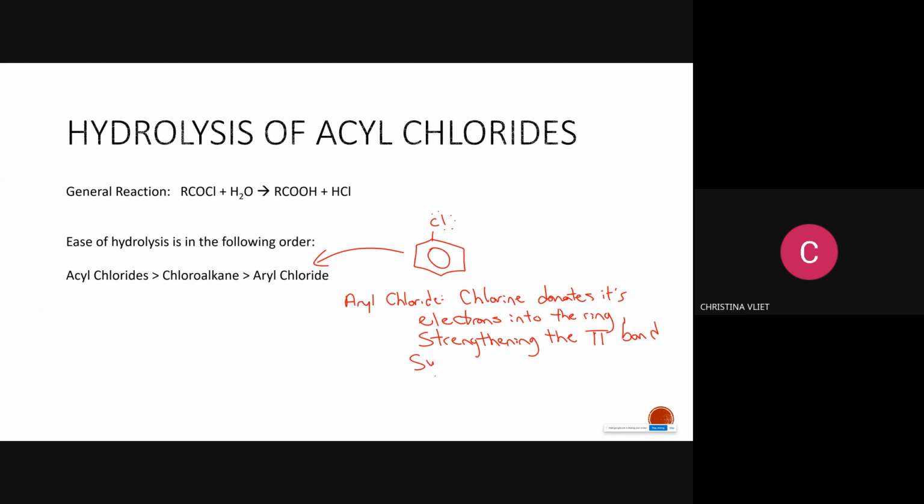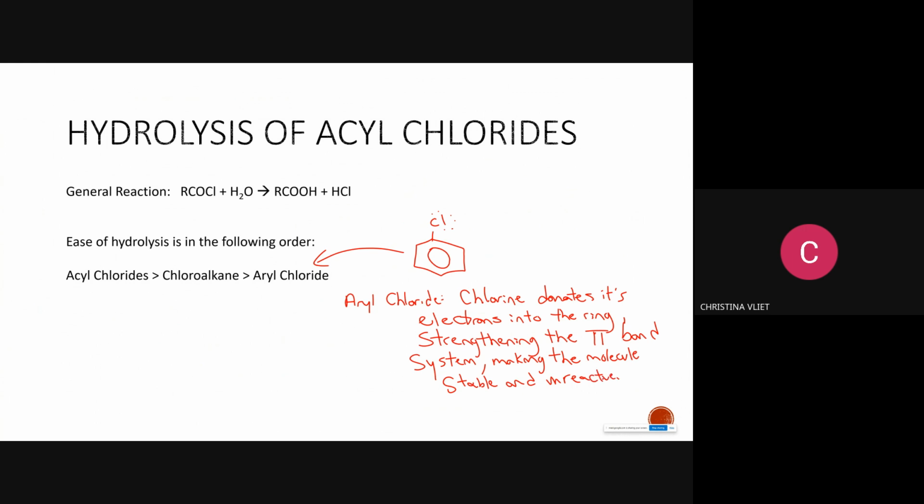I'm saying this a little bit differently. And because this is strengthened, this is extremely unreactive because it's stable as is, making the molecule stable and unreactive. So this was the aryl chloride explanation.